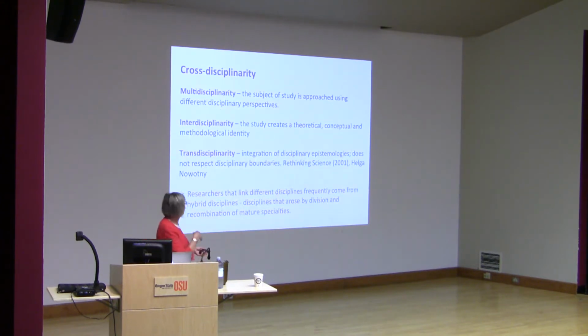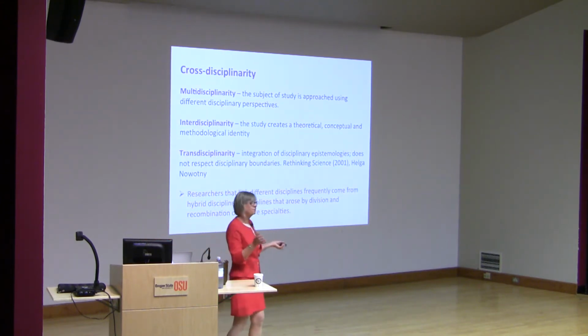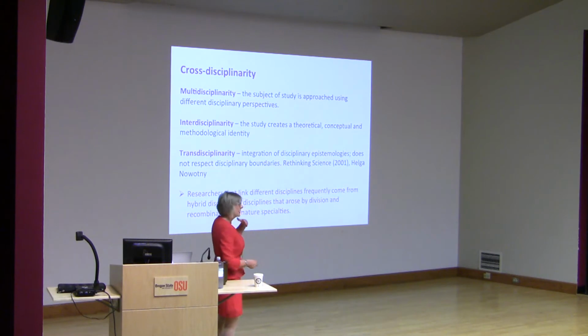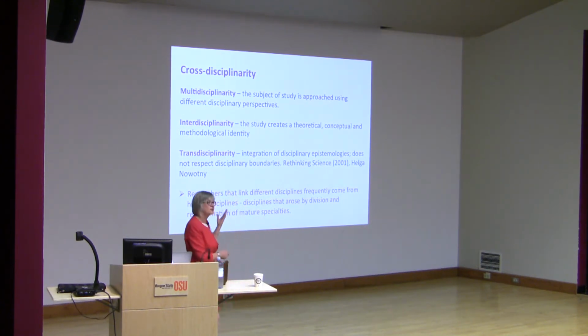Now, talking about interdisciplinarity, there is also quite a range of different terms that is used by different people. And all of those terms I would subsume under the term of cross-disciplinarity. There is what is called multidisciplinarity, and this is basically you look at a particular subject from different points of view, basically using different disciplinary perspectives.